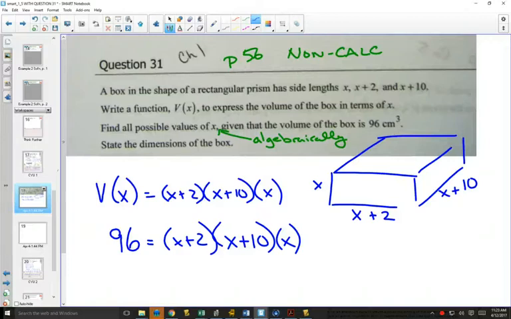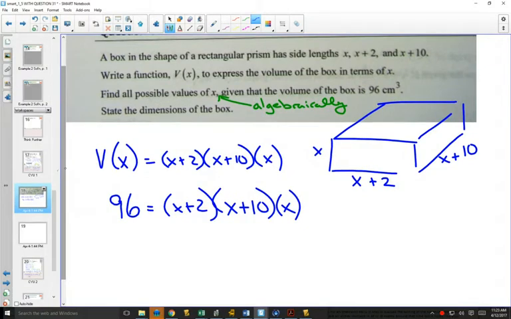Well, this is the part where a lot of people had trouble, because if you want to solve this, the 96 on this side, this is already factored, but the only way you can solve something is if it's factored and equal to 0 on one side. So we're going to need to make one side equal to 0, but once we do that, I'm not going to do it yet, you'll have to multiply this out. So if I multiply the first 2 together, I'm going to get x squared plus 12x plus 20.